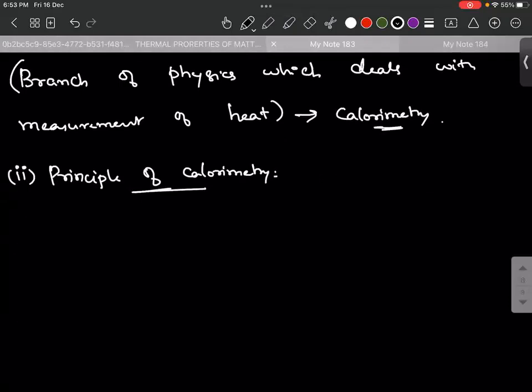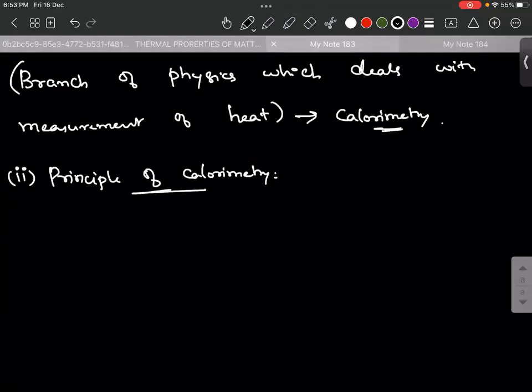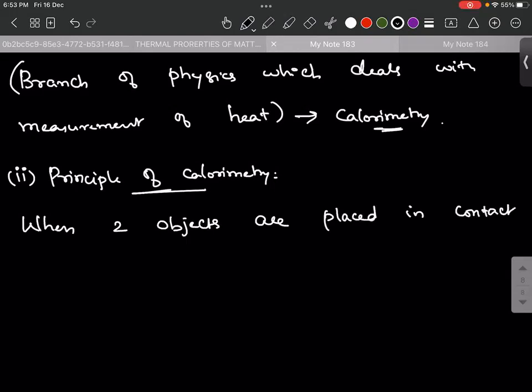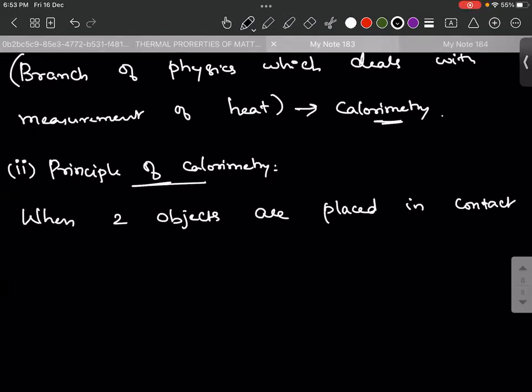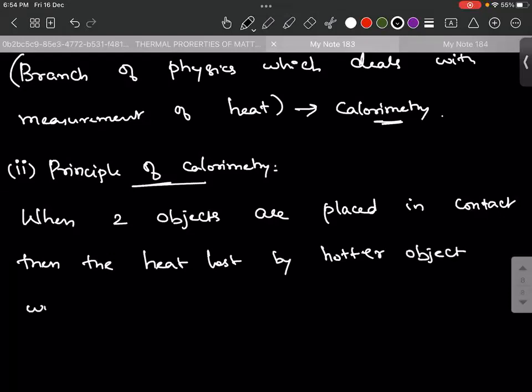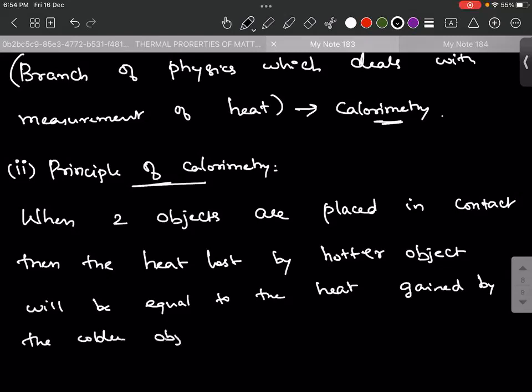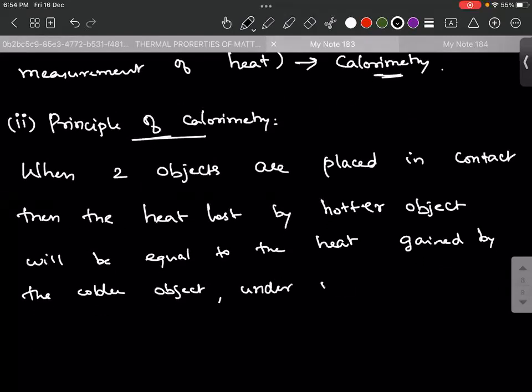And the second point that we are supposed to know is the principle of calorimetry. The principle of calorimetry states that when two objects are placed in contact, then the heat exchange will take place in such a way that the heat lost by the hotter object will be equal to the heat gained by the colder object under isolated conditions.